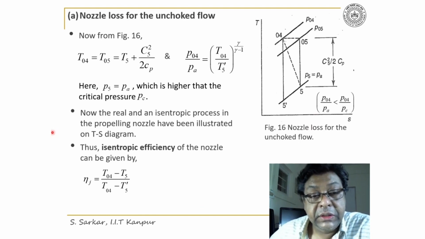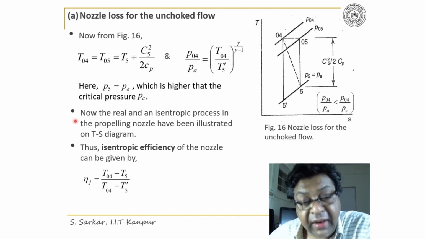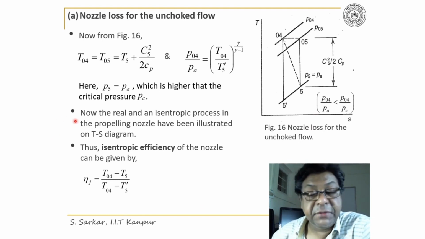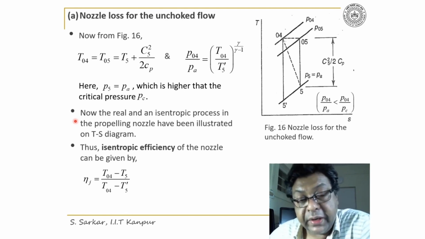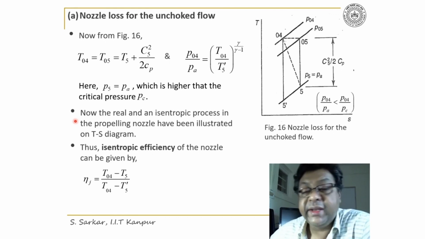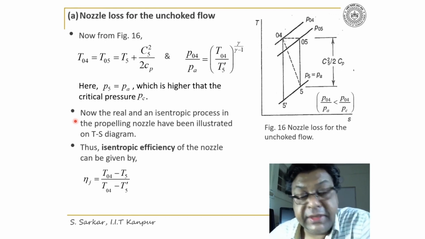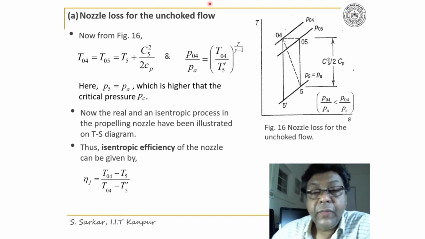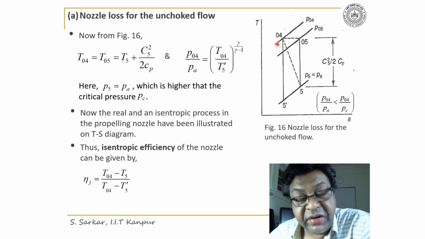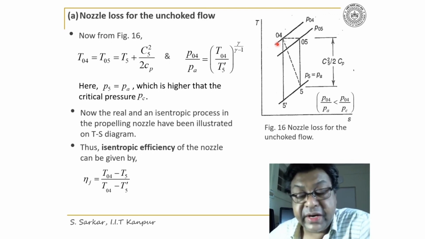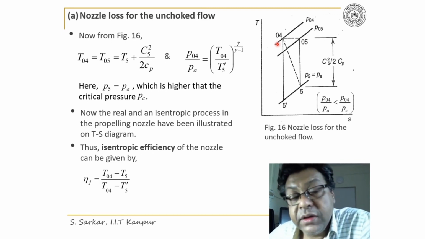Now, the real and isentropic expansion of gas occurring in the propelling nozzle has been illustrated in the T-S diagram by figure 16, where 04 is the pressure and temperature at the exit of the turbine.